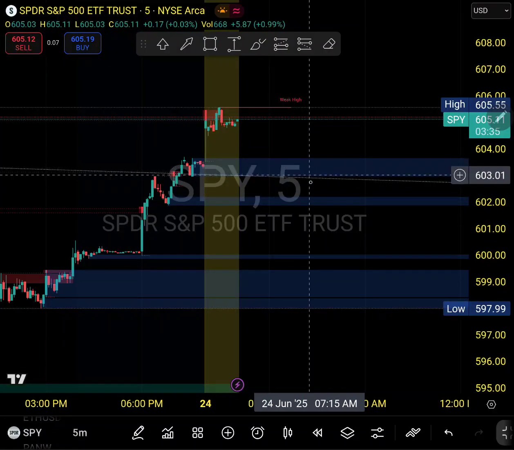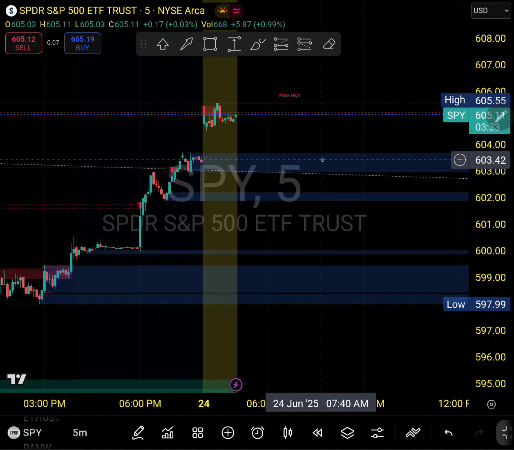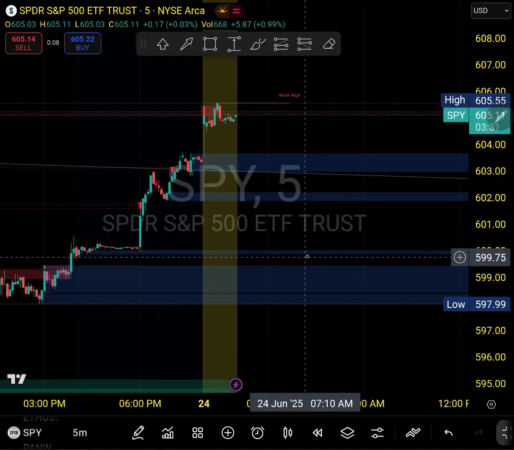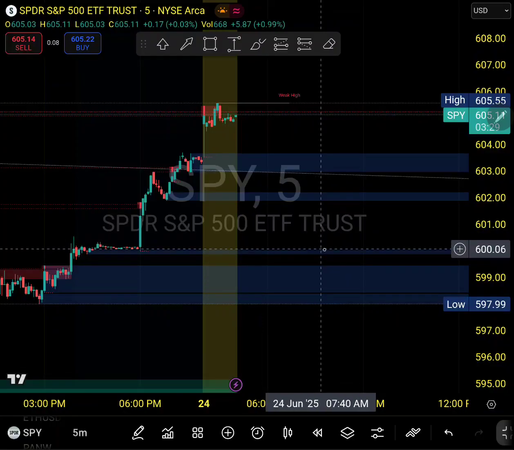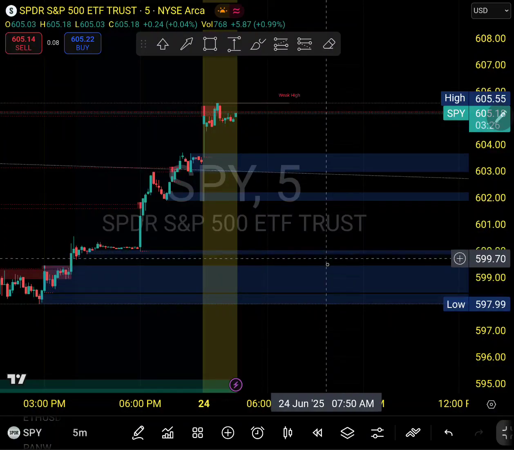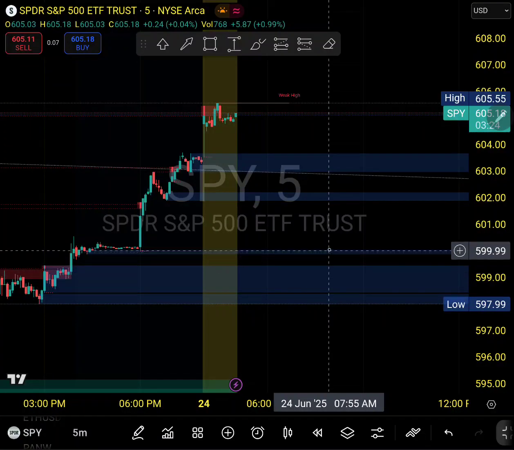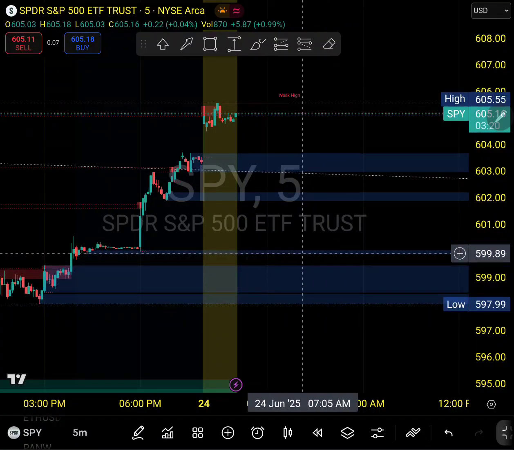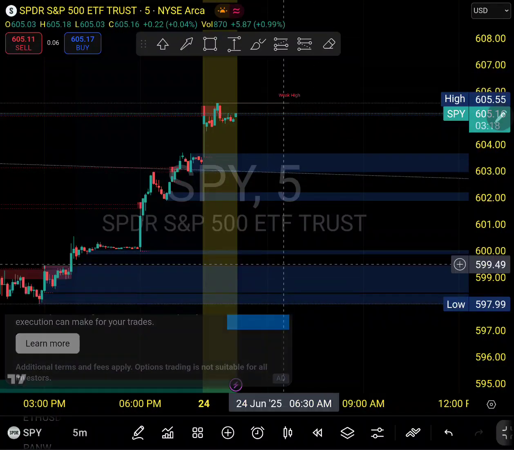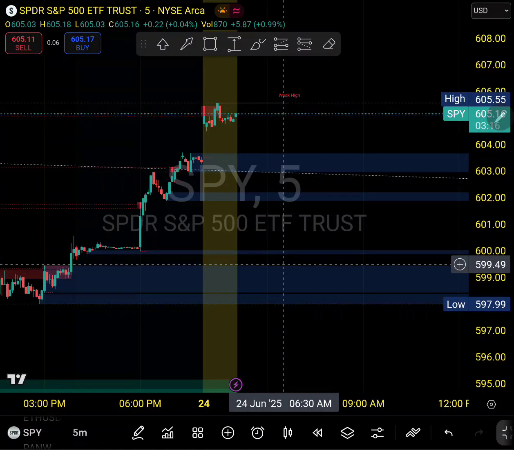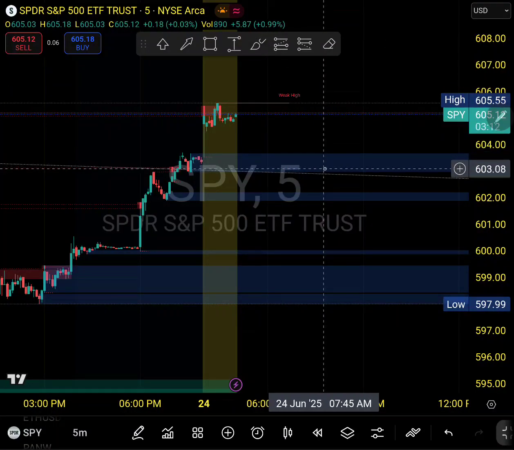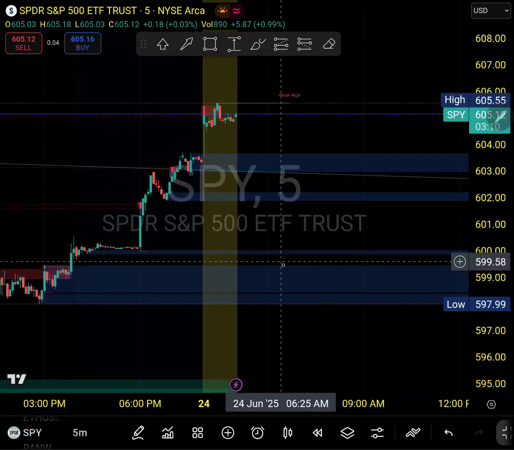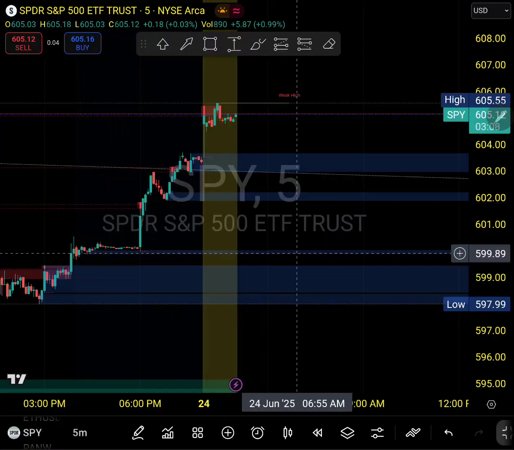However, if it breaks these two areas directly, right, then wait until the 599 levels, because here we have very good support from 599 to these levels. Okay, all right guys, so as I told you, selling in the morning, these are the supports: 603, 601, and then 600.